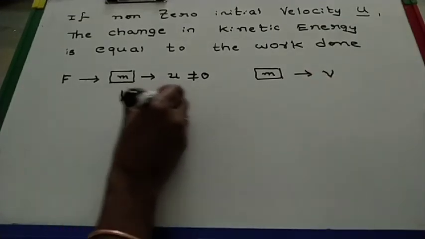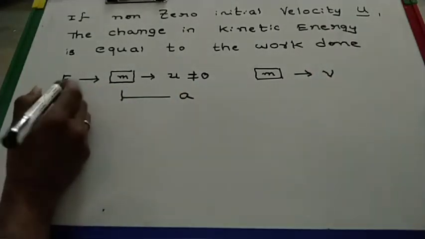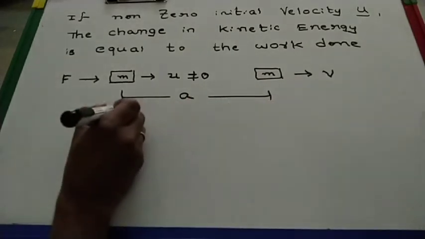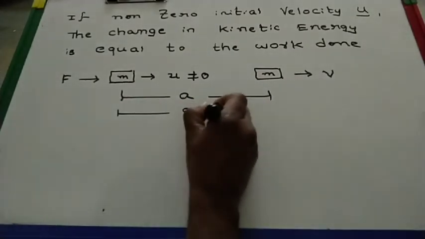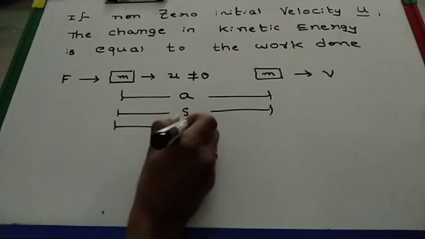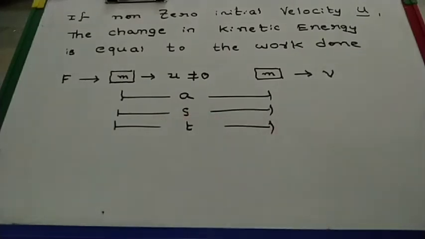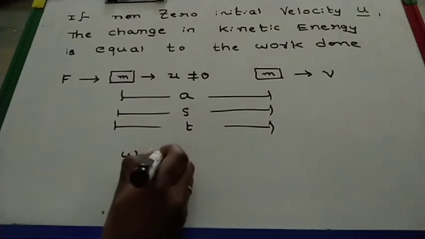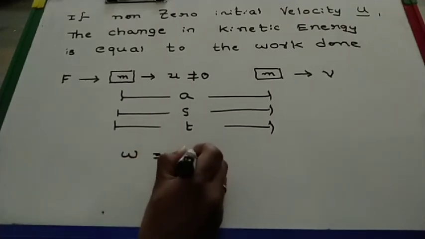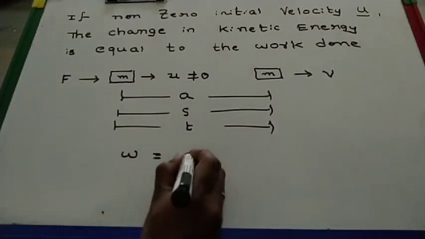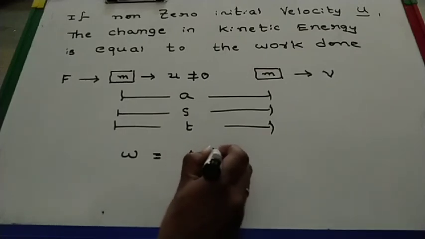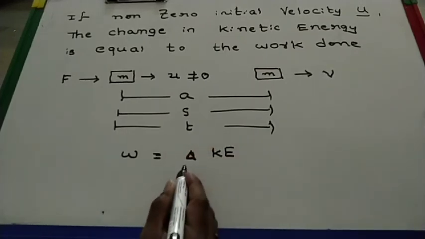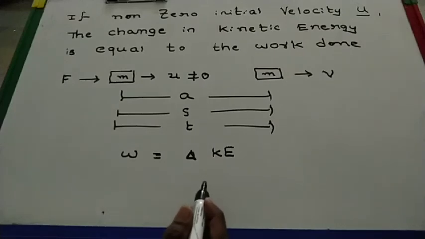Now by applying a force, it acquired an acceleration a and its displacement s. It took a time t. In this case, the work done is equal to change of kinetic energy. We can call it delta KE, where delta indicates small change.